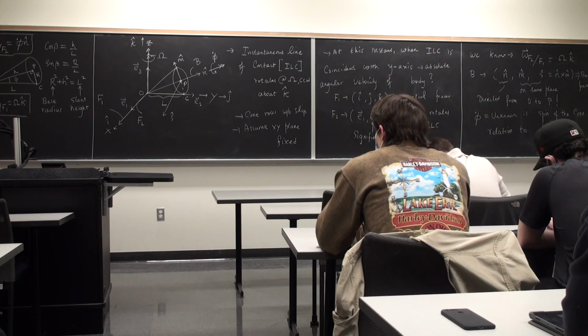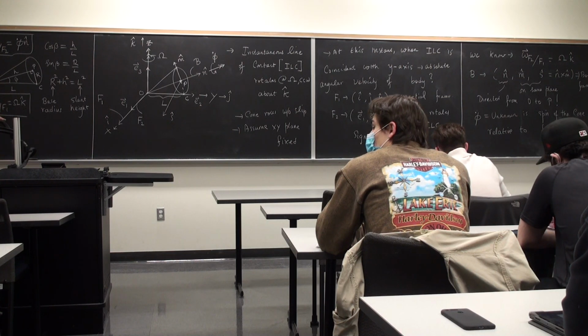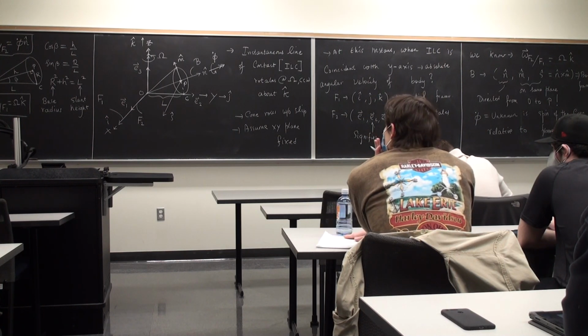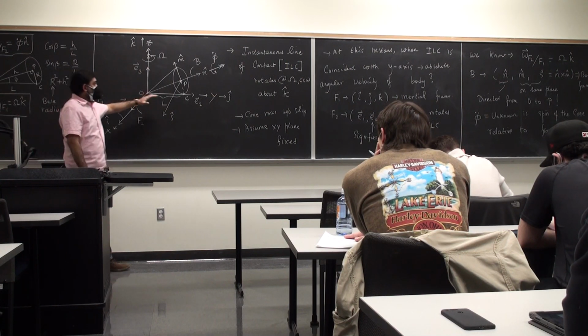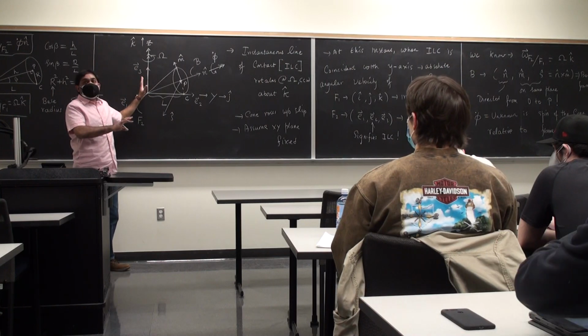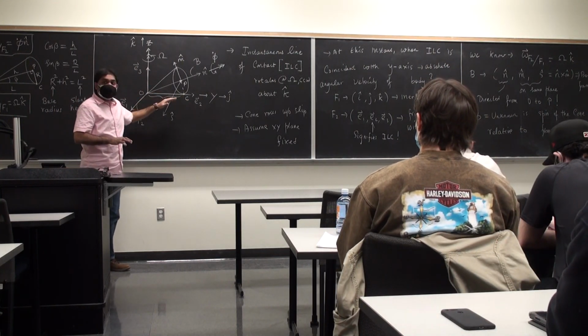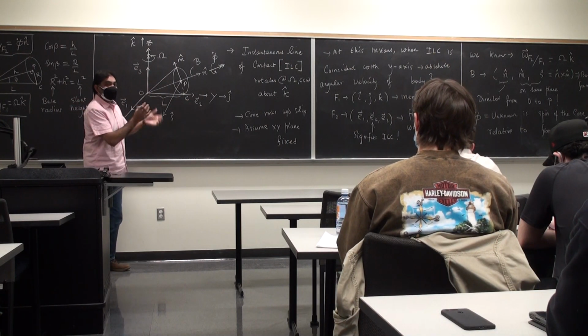And people in this row, can you still see the rank here? Instead of F2 should be B, since n hat's not part of F2. Say that again. For omega B with respect to F2, should that be B? So the idea is, I fix everything. Right? I fix the Cartesian frame, I fix the frame E1, E2, and E3, and I take this cone and then I start spinning it.